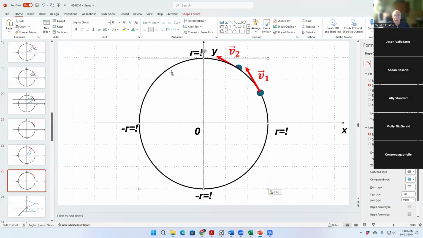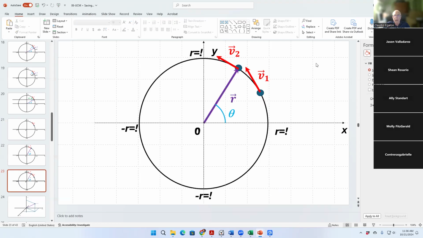Okay, I got rid of some of it. Yeah, this one. I don't need that. And that should be theta 2, right?